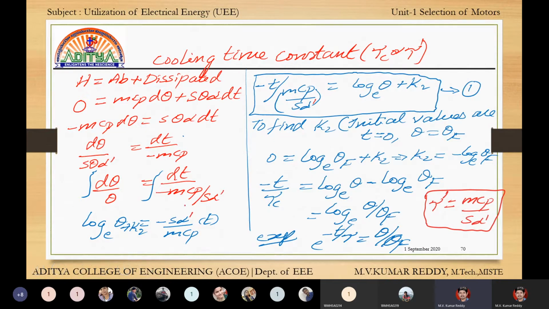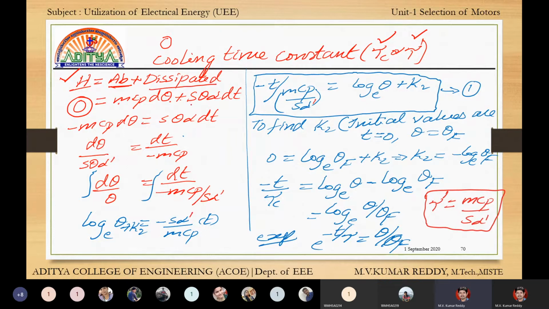Next one is the cooling time constant, tau c or tau dash. Here, cooling temperature means it starts from 0, that means no heat is present, so heat is equal to 0. Same formula: absorbed heat is equal to m c p d theta plus heat dissipated.